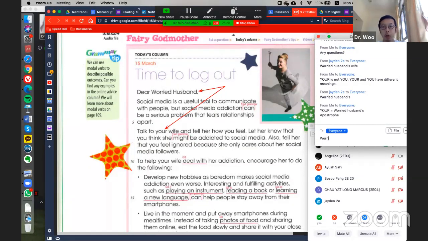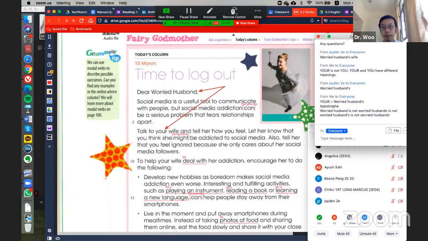So, worried husband is not worried husband's, is not worried husbands' . So do you see those 4 versions of worried husband and worried husbands? They actually all have different meanings because of the apostrophe. Well, first because of the S and then the apostrophe.